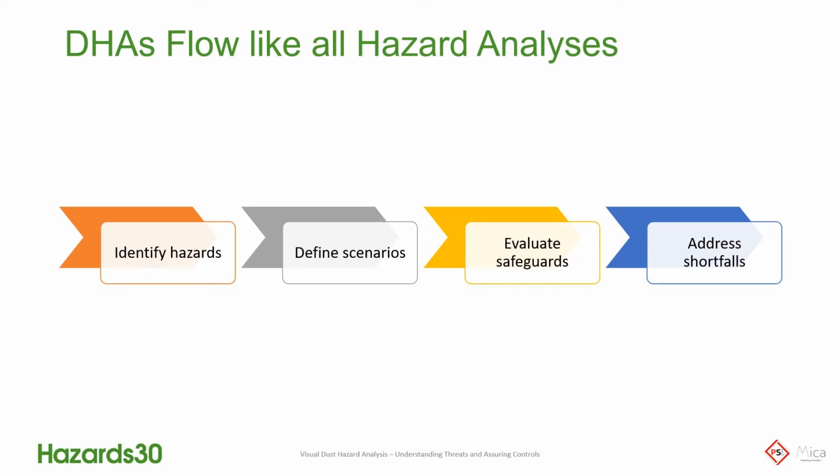You start with identifying the hazards, the potential to cause harm, then defining the scenarios where those hazards can be released, where you're losing control or containment, evaluate the safeguards, they could be organizational or technical or both, and then identify and address any shortfalls where you need to implement additional safeguards or improve or enhance existing safeguards.